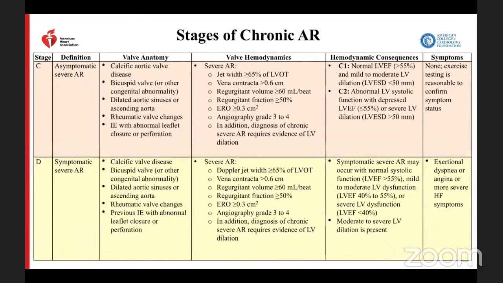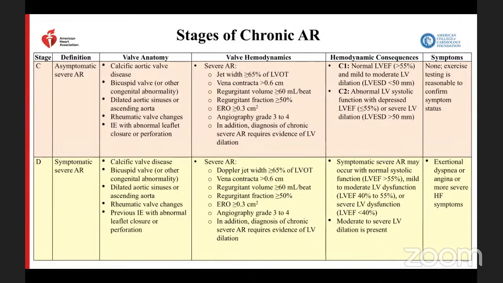In severe AR, the echo findings are jet width more than 65% of the LVOT, vena contracta more than 0.6, regurgitant volume more than 60 ml per beat, regurgitant fraction more than 50%, and effective regurgitant orifice more than 0.3, with angiographic grade 3 to 4.